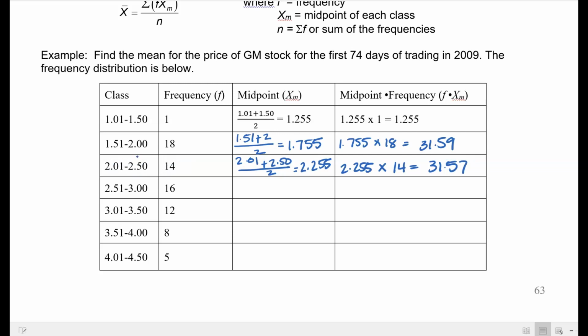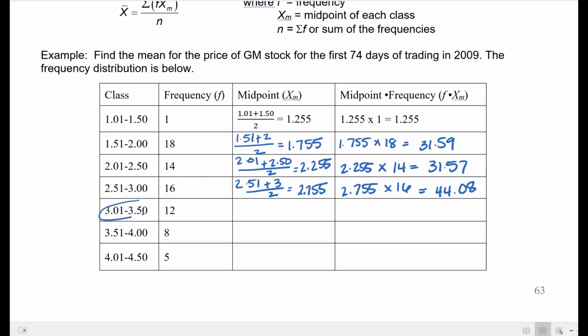Okay, on to the next class. 2.51 plus 3 divided by 2 is equal to 2.755. Okay, 2.755 times 16, because we have 16 of those in this class, 44.08.